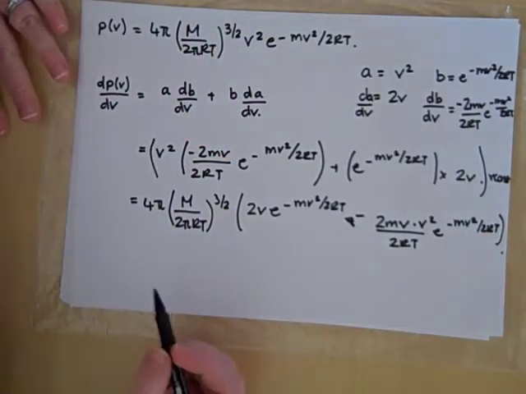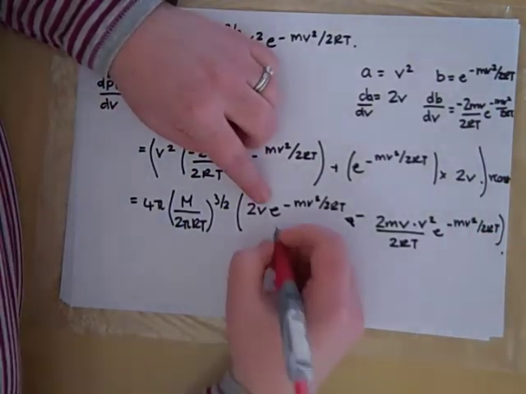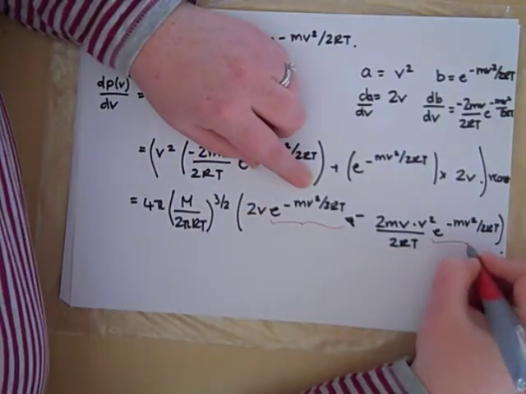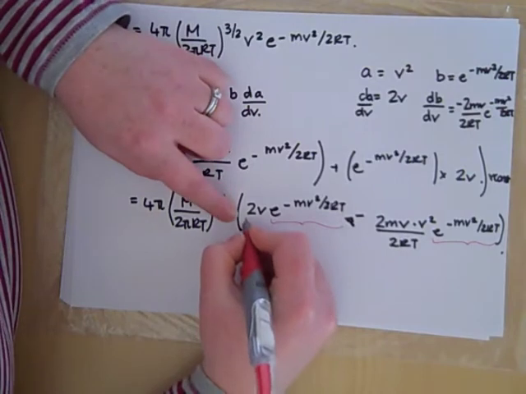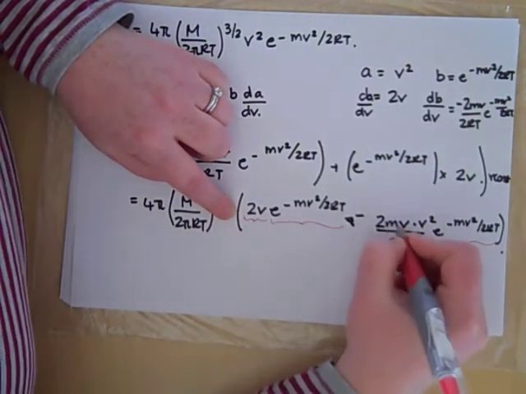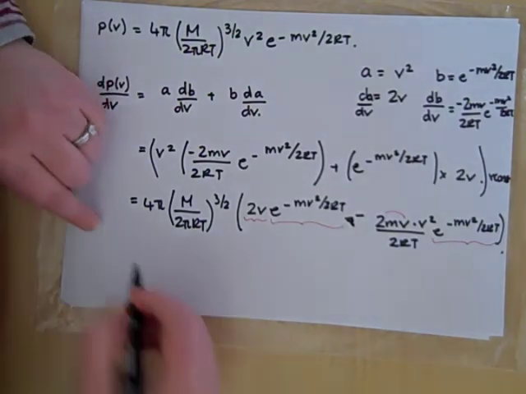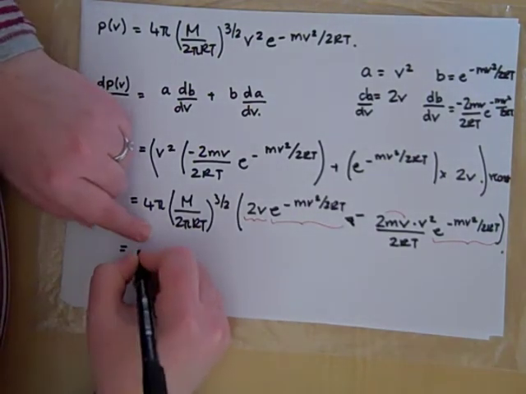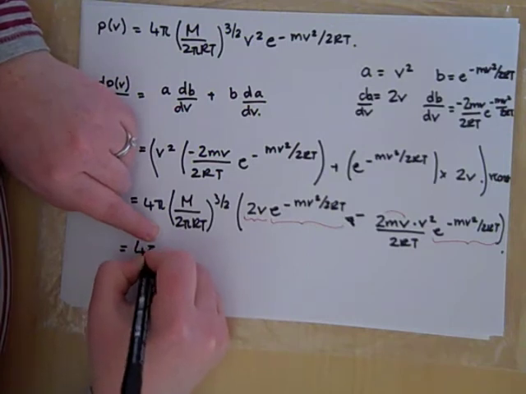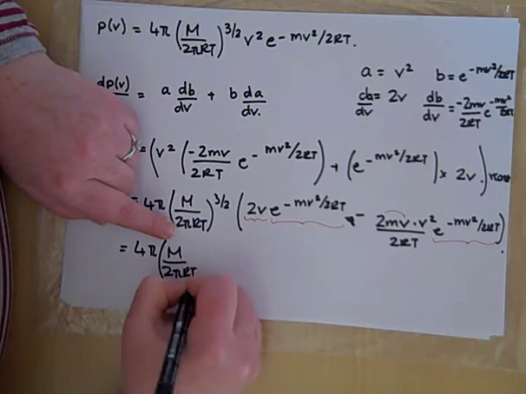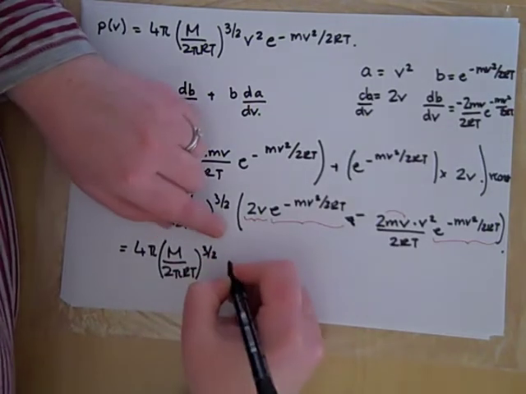Now here we can see that we've got some common terms. This exponential term is a common term, but so is 2v. So I'm just going to take all of those terms out into the front. So this is equal to 4 pi m over 2 pi RT to the 3 over 2.